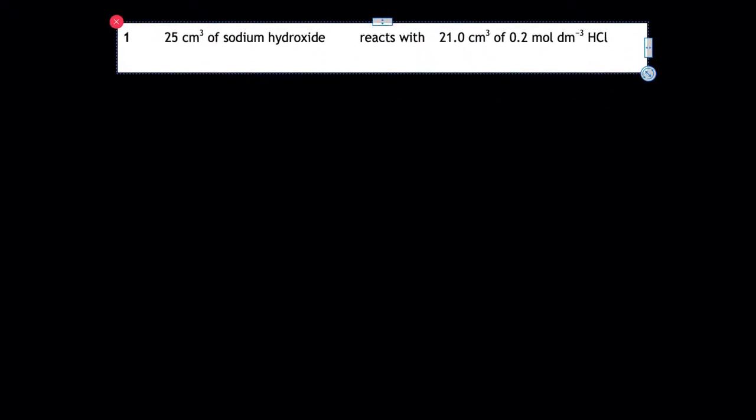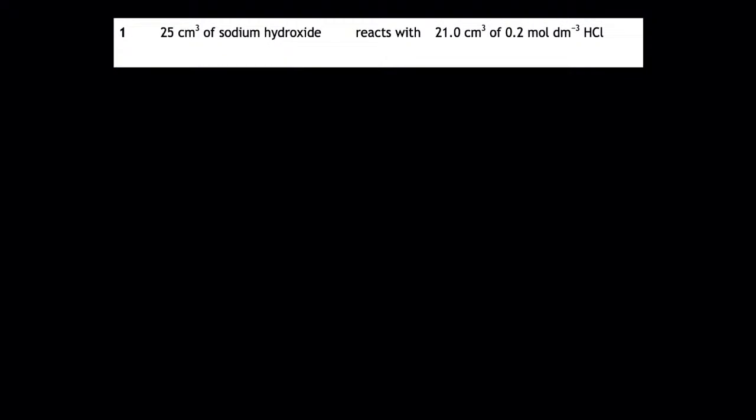Okay. Now this question is purely for your calculation practice. So they're not giving you any color change information, and questions normally won't be giving you that much detail. They're saying 25 centimeter cube of sodium hydroxide reacts with 21 centimeter cube of hydrochloric acid at 0.2 mole per decimeter cube. So you want to figure out the concentration of sodium hydroxide.